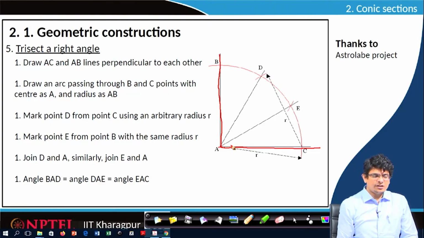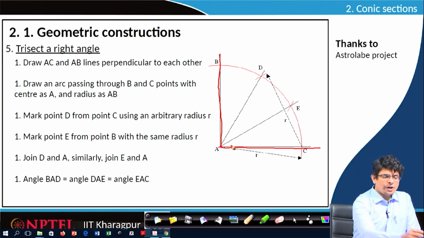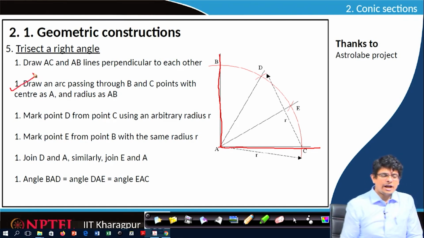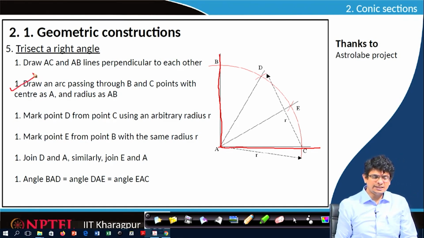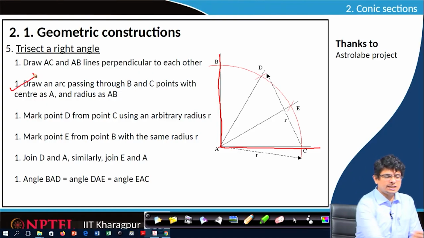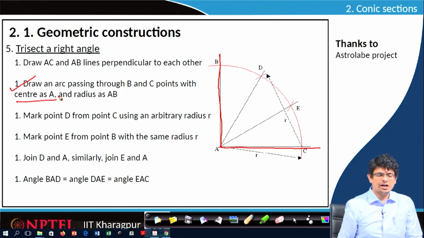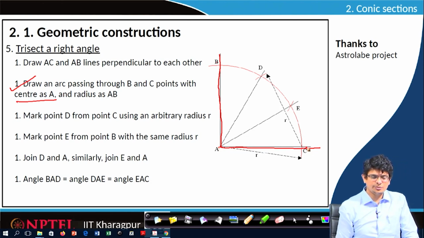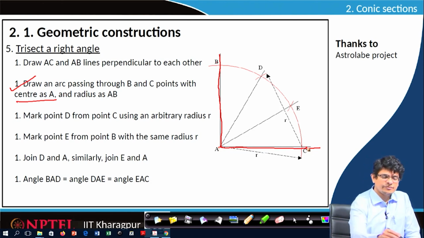To trisect it, first of all, we have to pass an arc through points B and C with center A and radius AB, because we know BAC is the triangle making the angle.